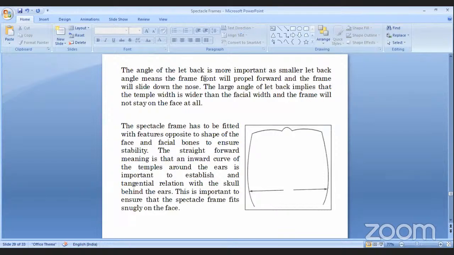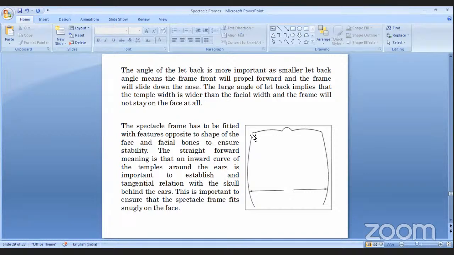The angle of lay back is more important, as a smaller lay back angle means the frame front will propel forward. This angle, the horizontal angle between the front of the frame and the side, determines the temple width of the frame.